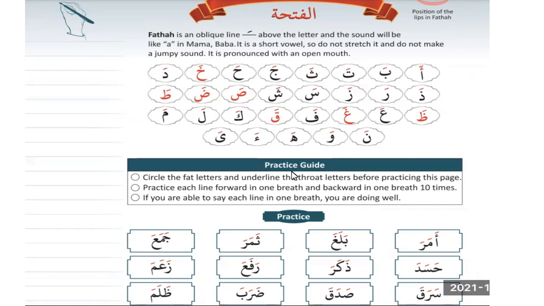These two letters are also called the gunna letters. Gunna means when we take our sound in our nose. Ma fatam, mim fatama, noon fatana, right? Okay, so these two are called gunna letters, noon and mim.